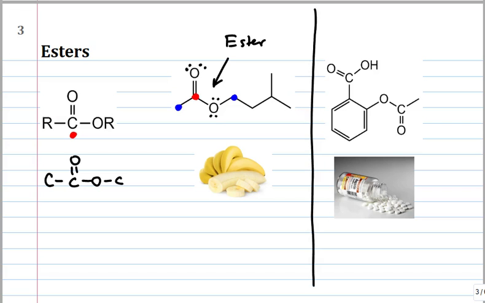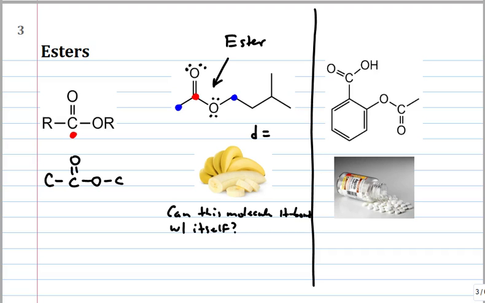So let's just stay with this one. Can this molecule H bond with itself? Well, let's look at it. You have to identify donors and acceptors to answer this question. Hydrogen bond donors, hydrogen bond acceptors.